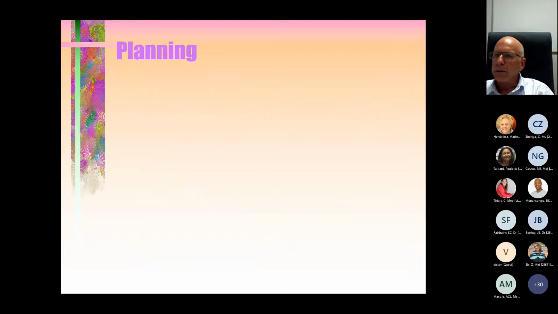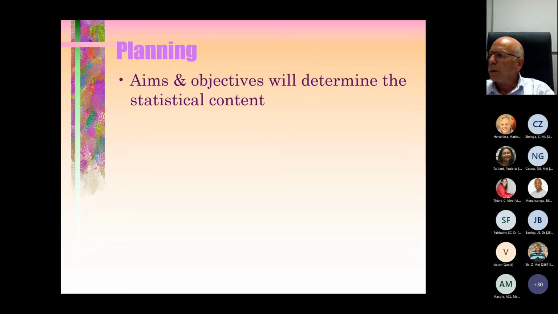So let's now look at the planning phase of a research project and where the statistics fit in. What's important is that the aims and objectives will determine the statistical content.